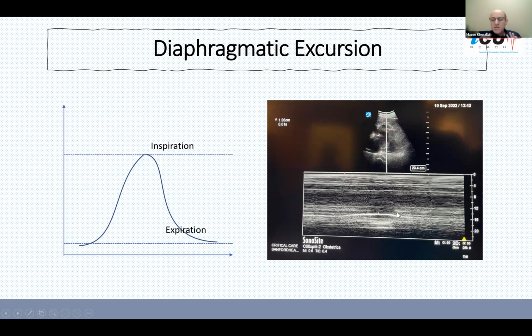Of course, on the ventilator, you cannot assess whether this is happening because of the patient or the ventilator. So you need to make sure that the patient is taking a breath, and you measure this excursion while the patient is inhaling with his inspiratory efforts. There's not much studied in the literature, but anything less than 1 centimeter indicates that the patient has severe weakness. In this patient, you can see it was 1.96 centimeters, and this is spontaneous efforts of the patient.